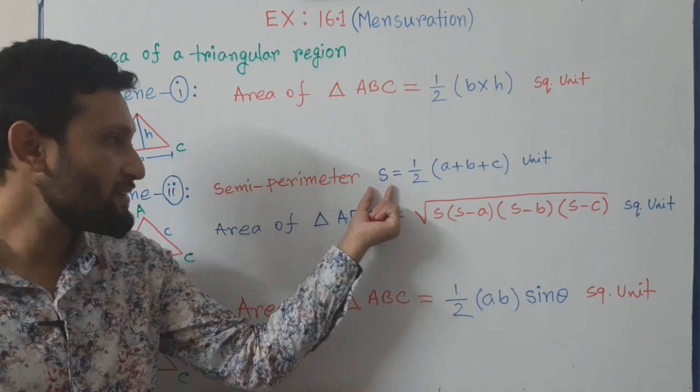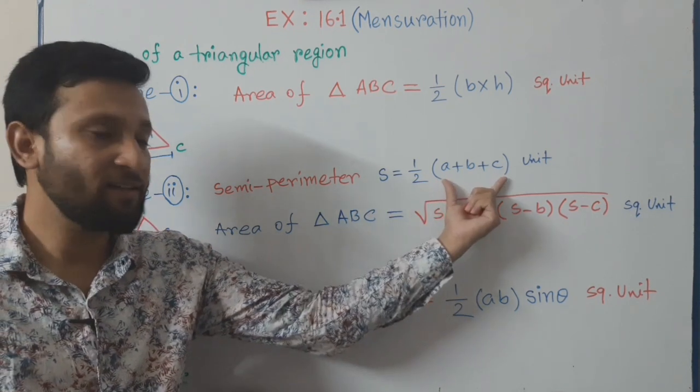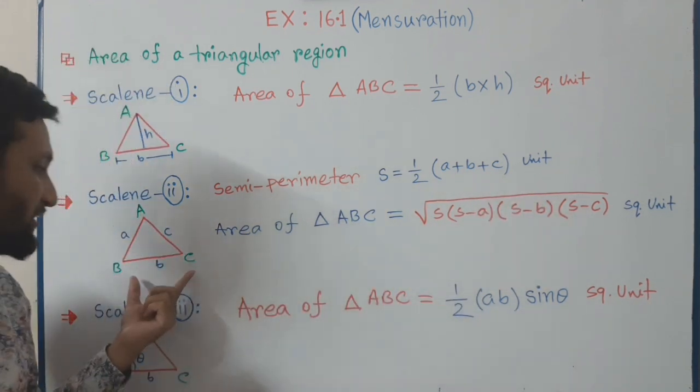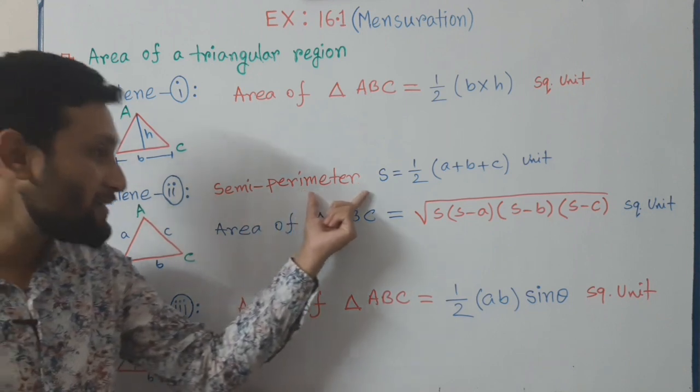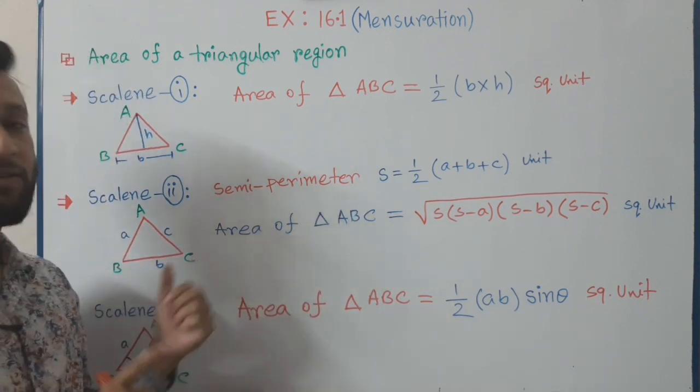Okay. So S, that means semi perimeter, equals half into the sum of three side lengths, A plus B plus C unit. Okay. So by using these three side lengths and semi perimeter, we can easily find the area of this type of scalene triangle.